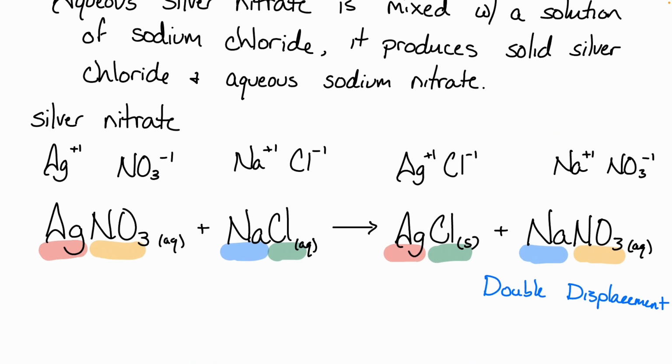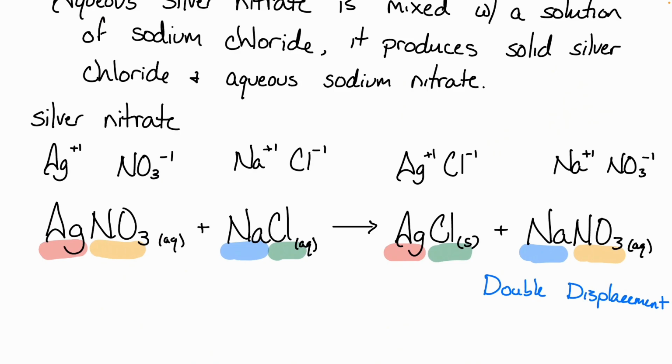You can see that the silver and the sodium have swapped positions, right? My silver was paired with my nitrate, my sodium was paired with my chloride on the reactant side, and now they've swapped. My cations have swapped position. Now it's silver with the chloride and sodium with the nitrate. All right? Cool. All right, we're going to build off this next class.